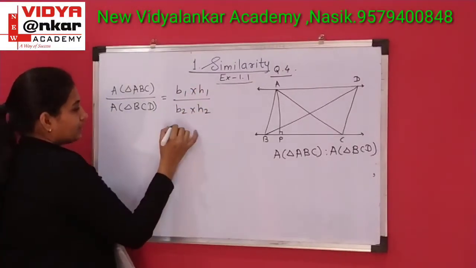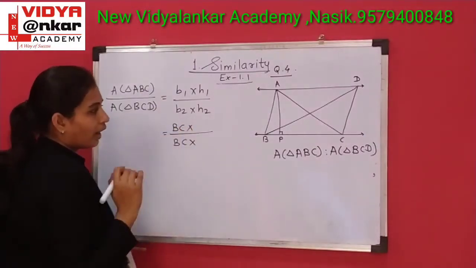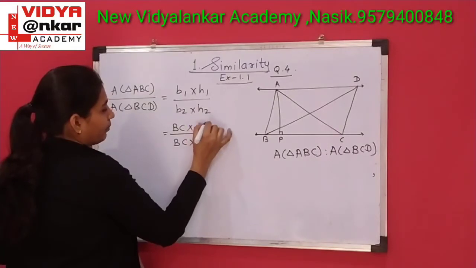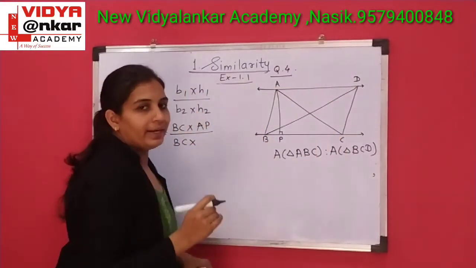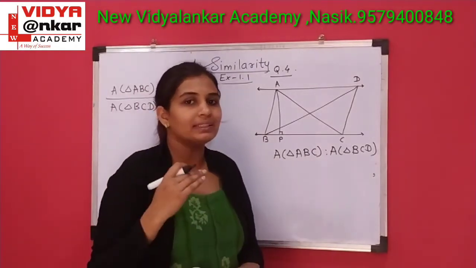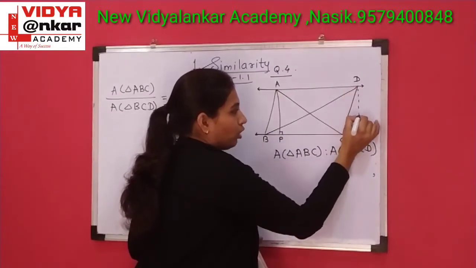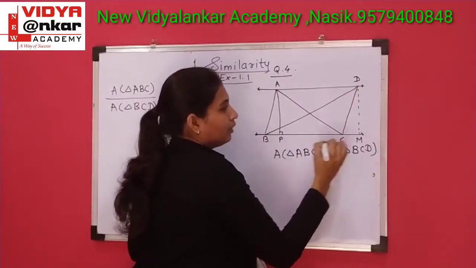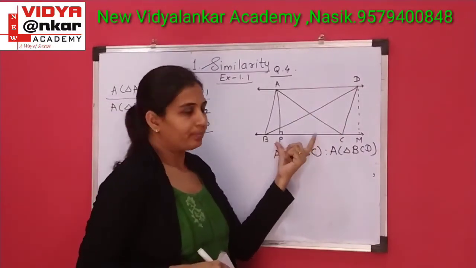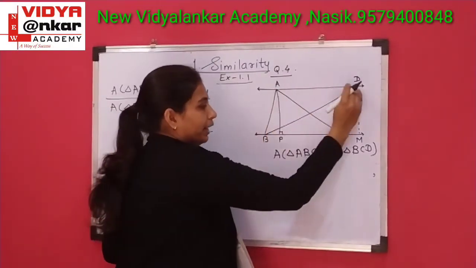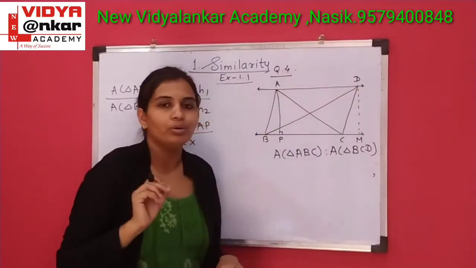Now the base is BC for both triangles. Height is AP, and for the other triangle BCD, the height is not given to us. So we can draw a perpendicular like that. Draw a perpendicular DM on side BC. Now if AD is parallel to BC, then AP will be congruent to DM.